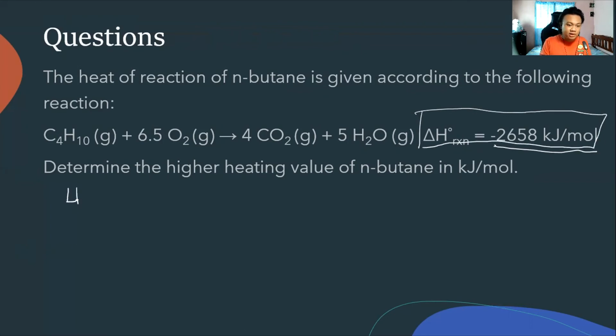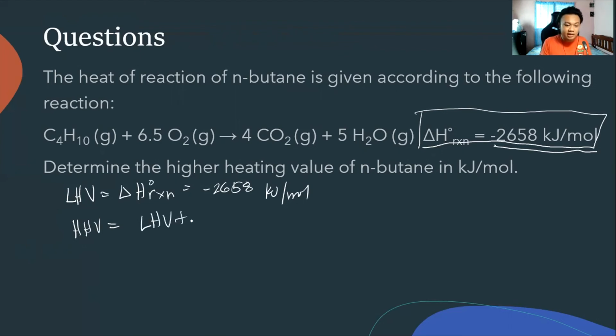Remember this value. Actually, the lower heating value is just equal to 2658 kilojoules per mole. To get our HHV, we have to add our LHV and the latent heat of evaporation, or HFG.